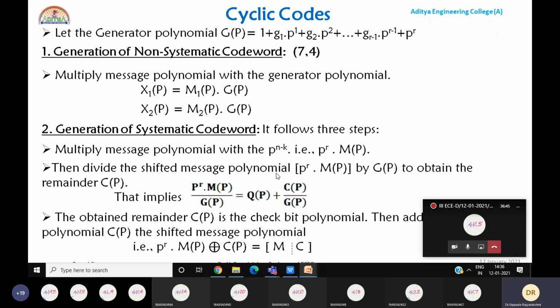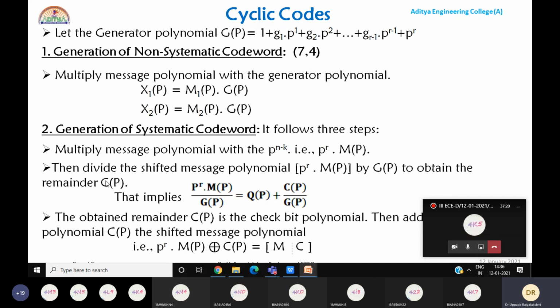You will be given the generator polynomial and the message polynomial, or a hint for the message polynomial, such as 1101 for a 4-bit message. Then you have to write the message in polynomial form, multiply it with p power r, and divide it with g of p.